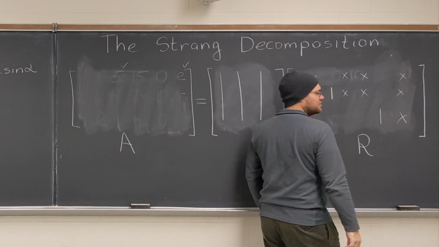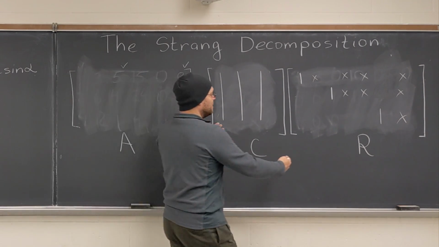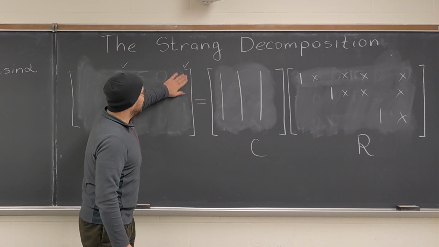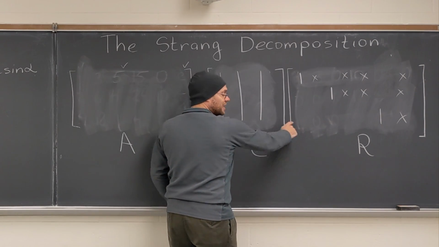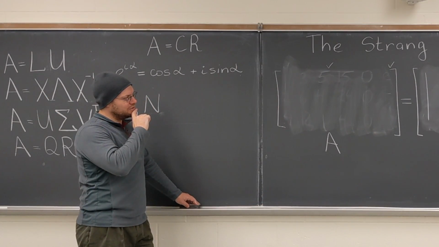That's what a row-reduced echelon form is, right? And then all I'll do is multiply these two matrices together, and voila. I have a matrix that has a prescribed column space and prescribed null space. Okay, that's one way. That's one thing you can do.